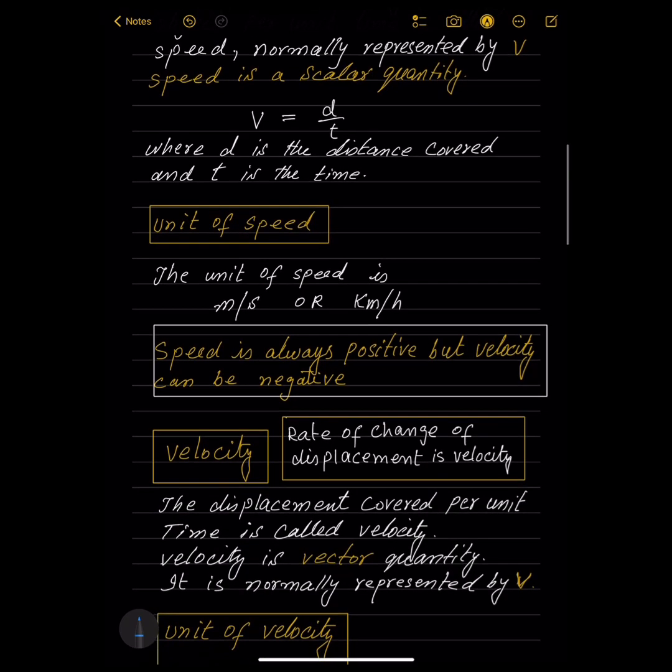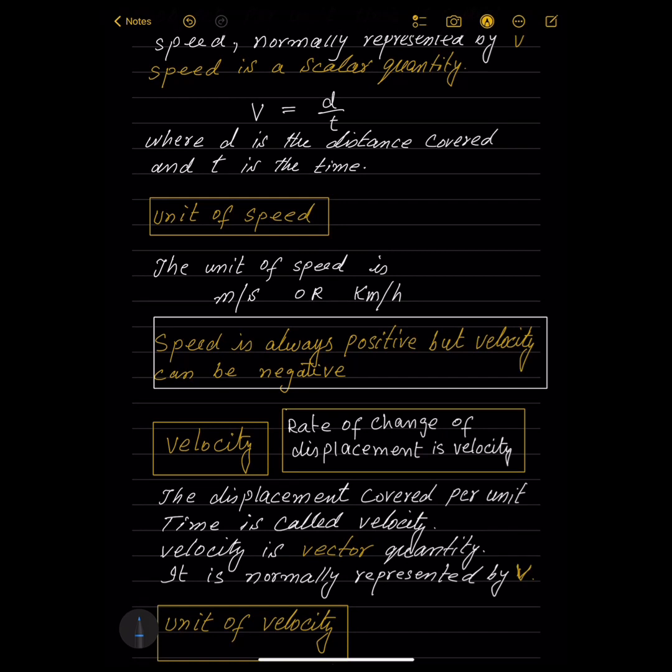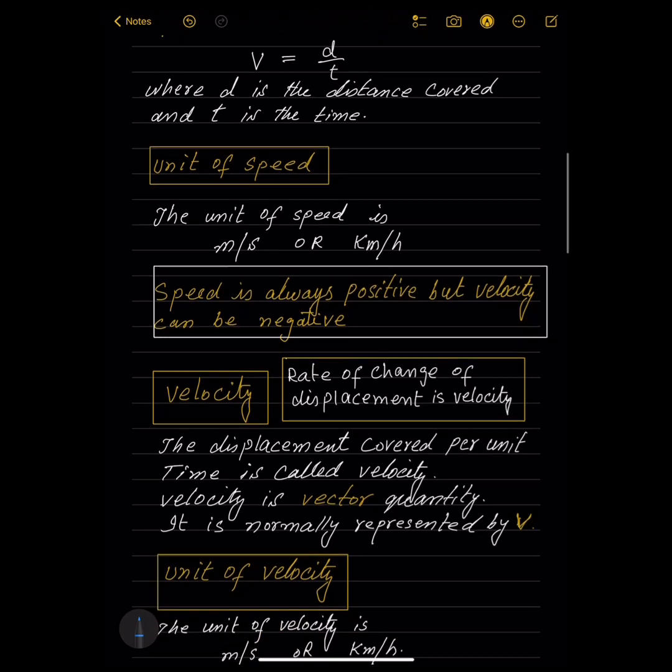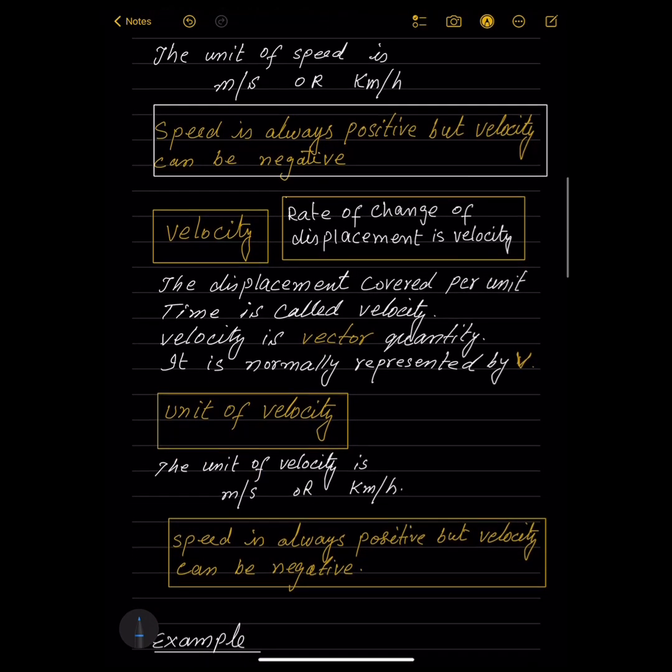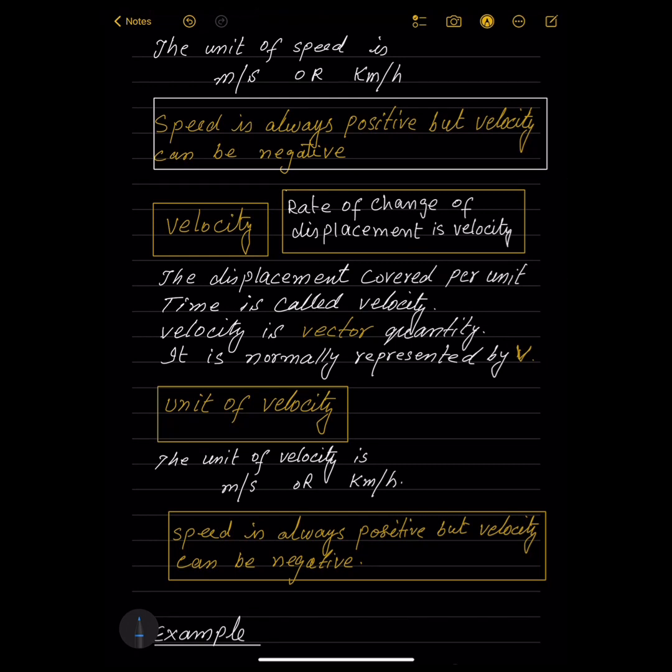And next is the definition of velocity. The rate of change of displacement is called velocity. And the other definition, इसको यूं भी कह सकते हैं, displacement covered per unit time is called velocity.